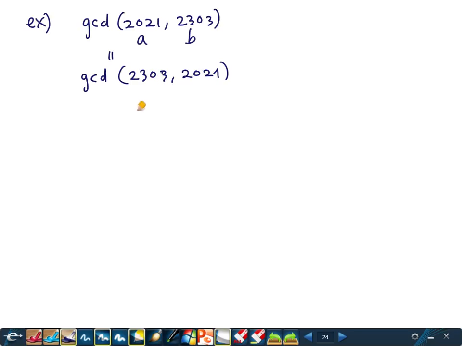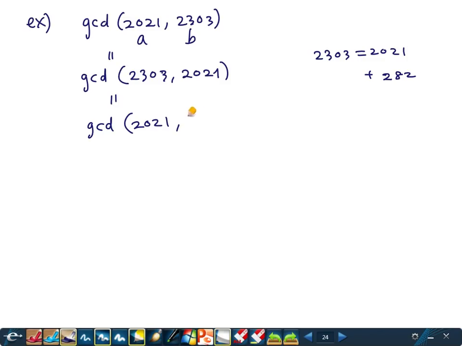We swap this. Now, this is not 0, so we divide this by this. After this, we move this to the front. And what is the second one here? The remainder of this when divided by this. 2303 is equal to 2021 plus 282. Is that right?